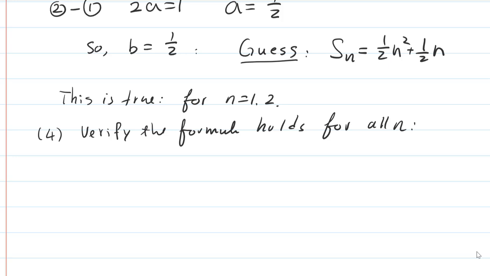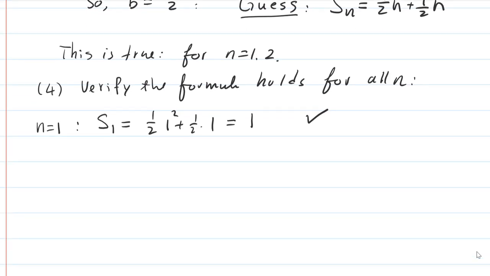The induction has 3 steps. Step 1, we show that S1 is really true. When n is equal to 1, S1 is equal to 1/2 times 1 squared plus 1/2 times 1, and that's 1. That's verified.